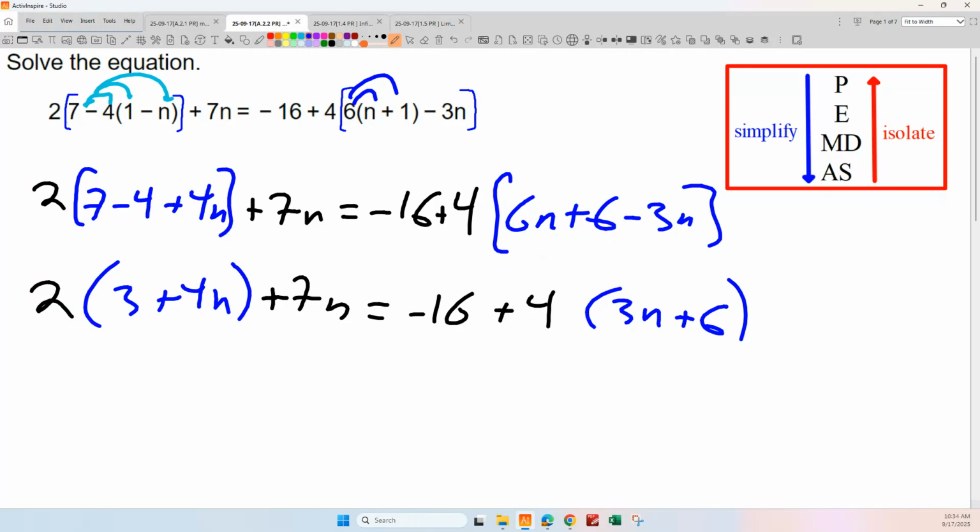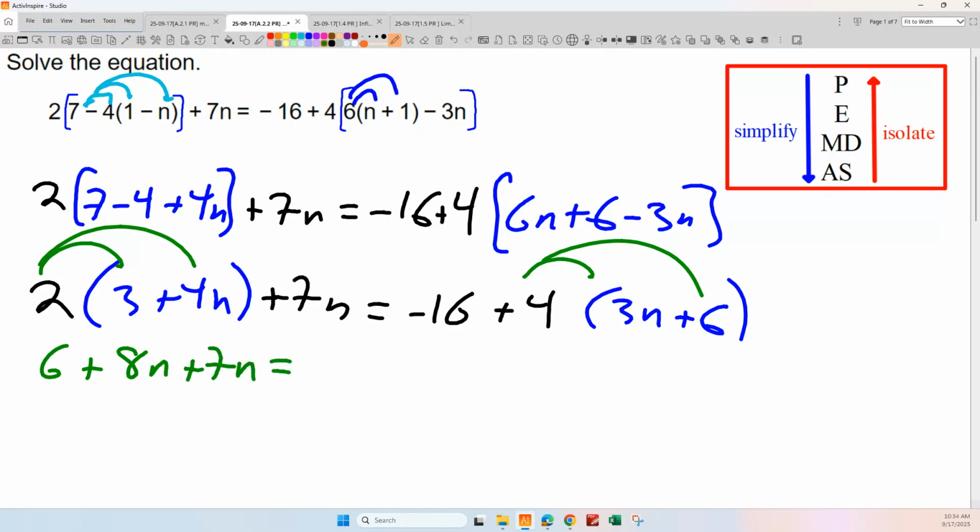Okay, good. Now I'm going to distribute over that blue quantity. Good. So the next step would be this kind of thing, right? I'm going to distribute that 2. I'm going to distribute that 4. And that gives me 6 plus 8n plus 7n equals negative 16 plus 12n plus 24, right?